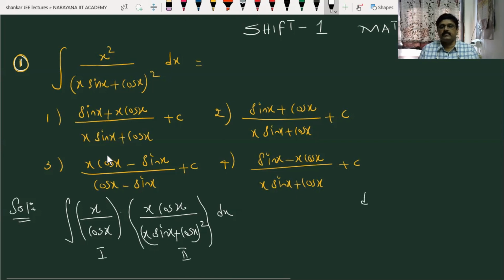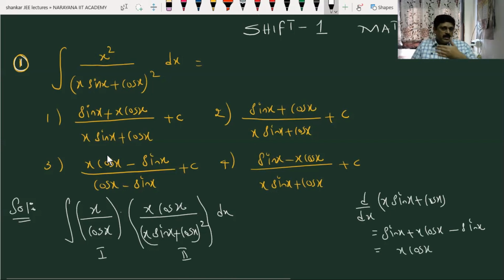See students, d by dx of x sin x plus cos x is going to be, carefully watch, sin x plus x cos x minus sin x. Then you will be left with x cos x, students.